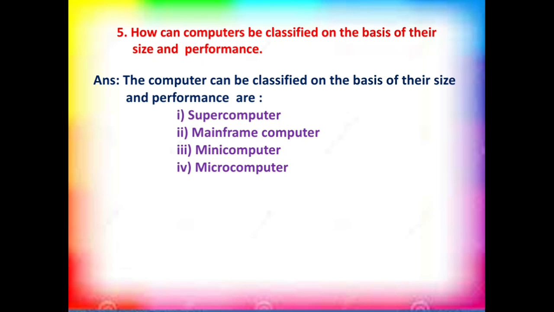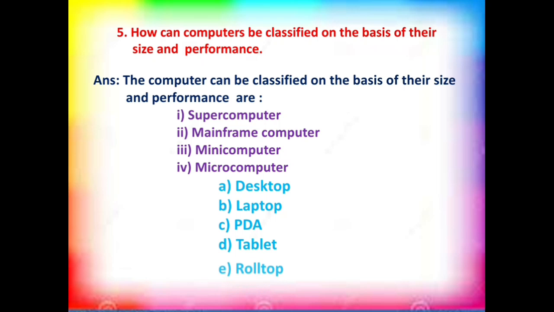In the microcomputer, some subdivisions are there, that is desktop, laptop, PDA, that is personal digital assistant, the next one is tablet, and the next one is rolltop. Okay. So desktop, laptop, PDA, tablet and rolltop come under the microcomputer.